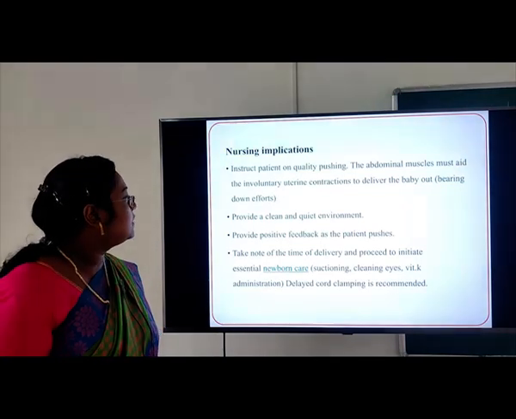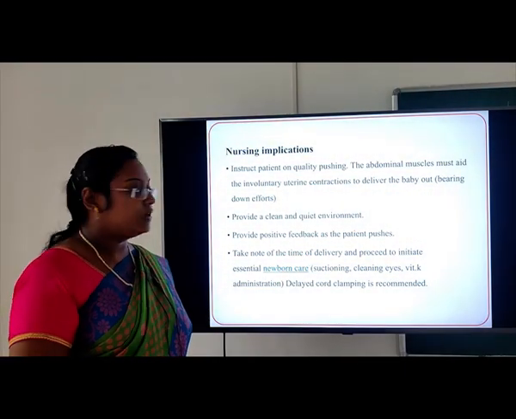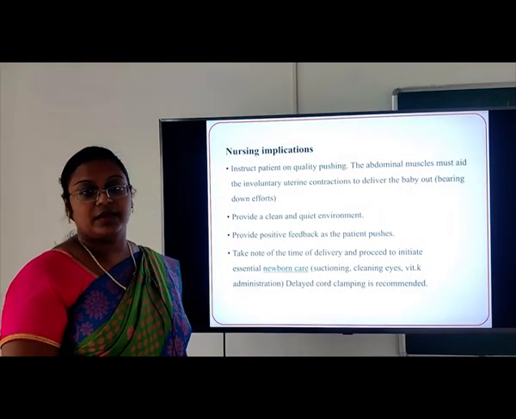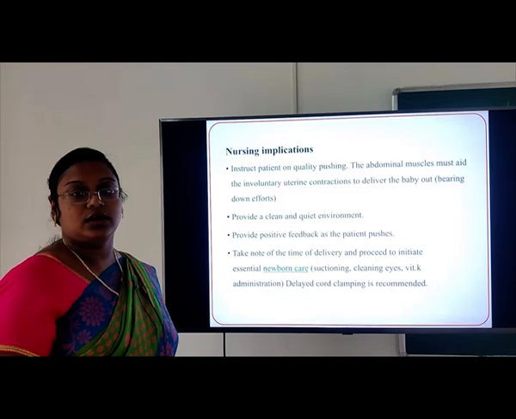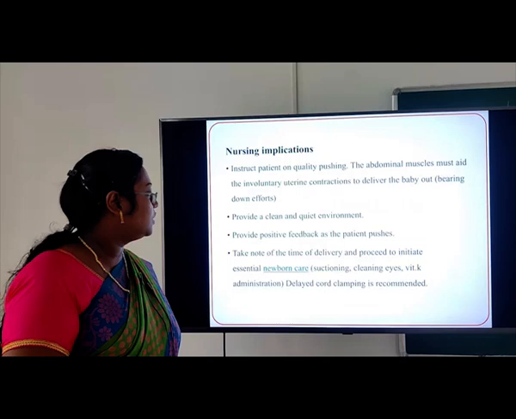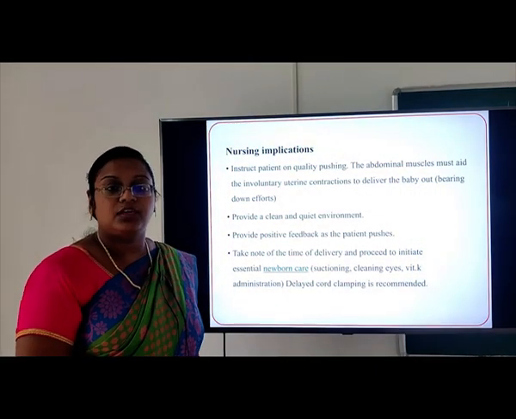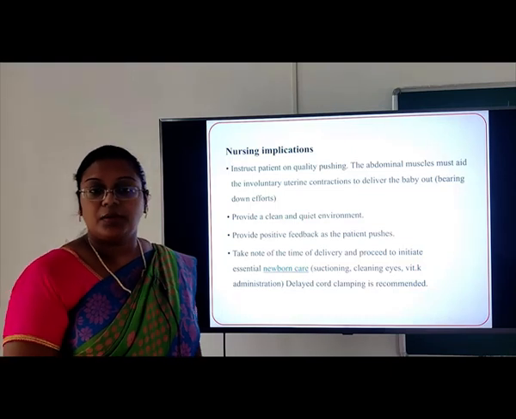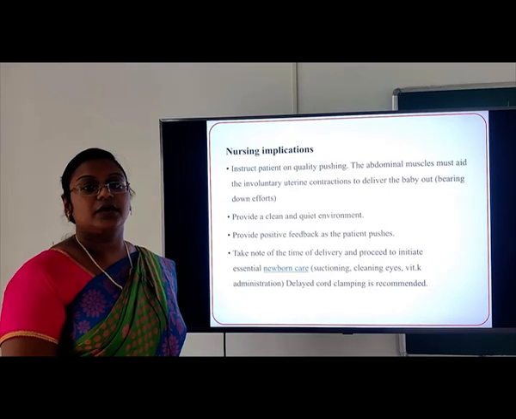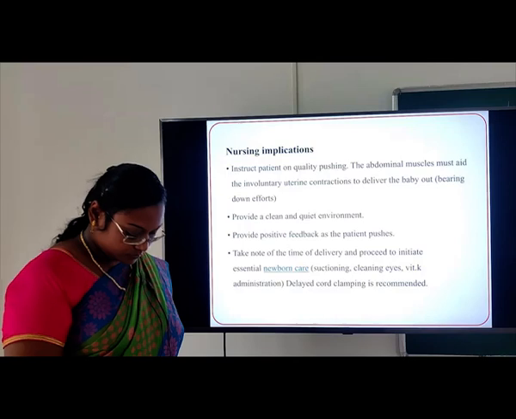Also, provide a clean and quiet environment, and during pushing give positive feedback, that is nurses and doctors around should give positive feedback for the mother to push out the baby. And take note, after delivering the baby you have to give proper newborn care. Once the baby's head is delivered, you have to give suctioning. Suctioning is nothing but suctioning the baby's nose and mouth.